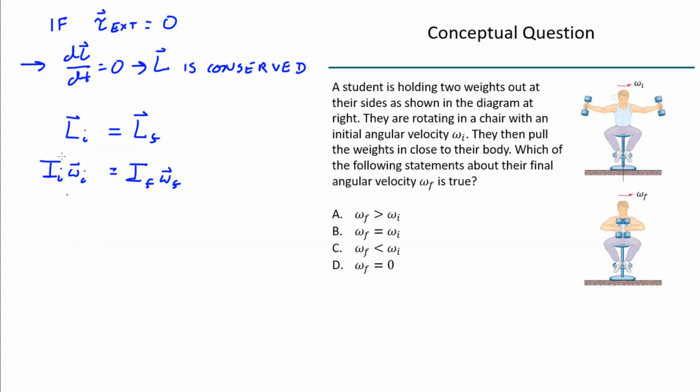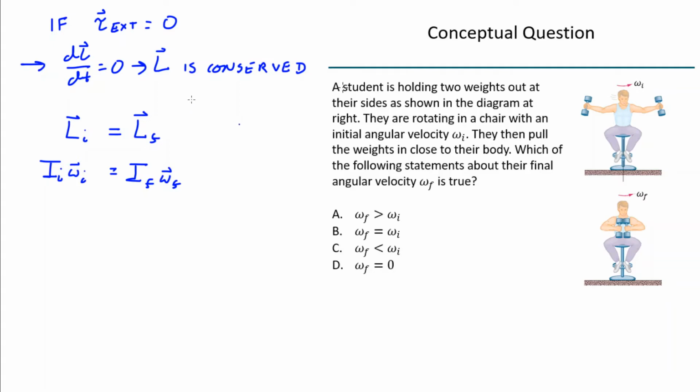So why do I have I initial and I final? Isn't I some property of the system that doesn't change? Well, I can change. In this case, as the student pulls the weights in from far away from their body to close into their body, their moment of inertia changes. Because remember, moment of inertia depends on the distribution of the mass in a system.